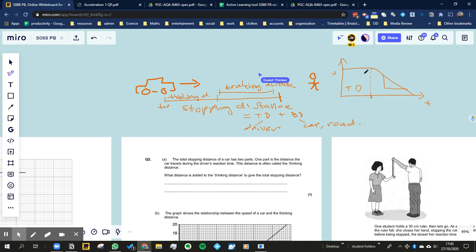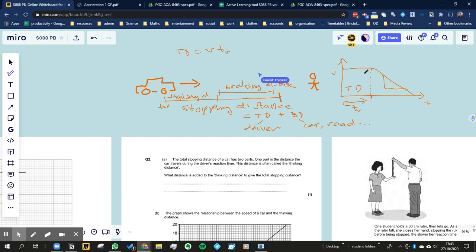Let's say this duration of time we call TR, the reaction time. So the thinking distance TD is equal to V multiplied by his reaction time TR.